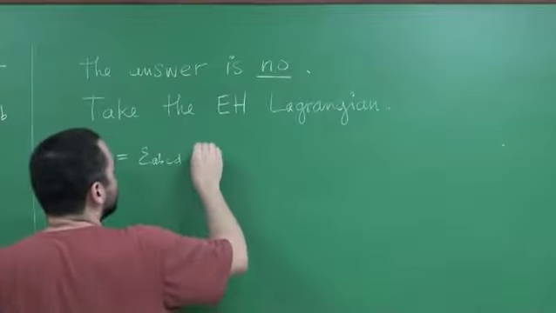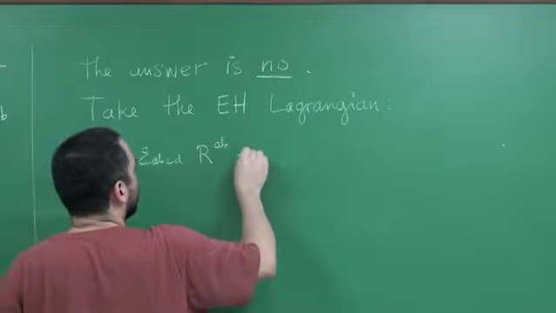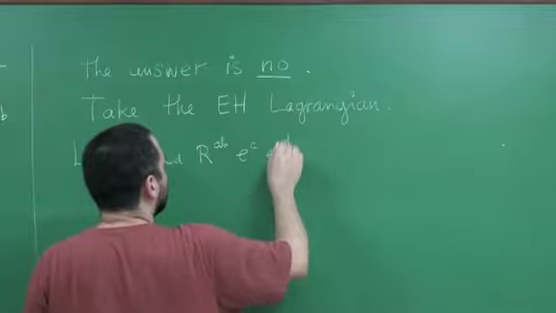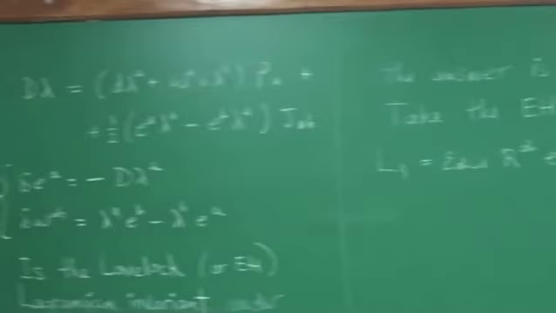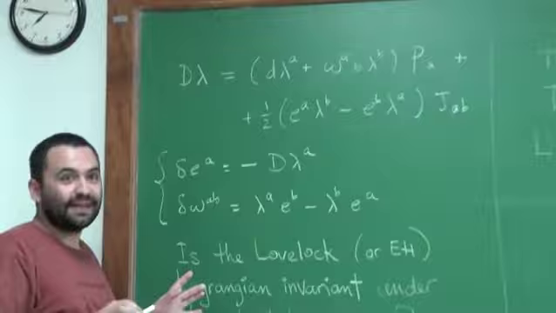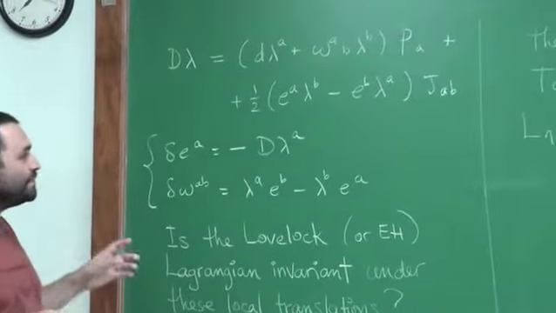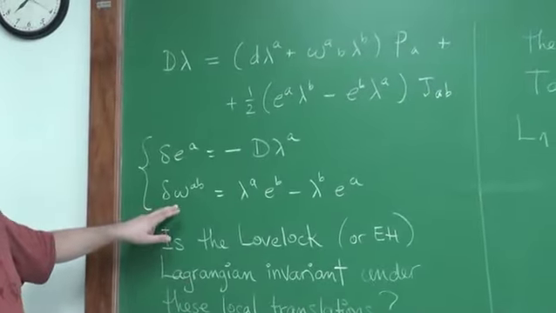In 4 dimensions. We're going to compute the variation of this Lagrangian under these gauge transformations. And to make it even more simple, I'm going to use Poincaré gauge transformations, because in Poincaré gauge transformation this is 0.